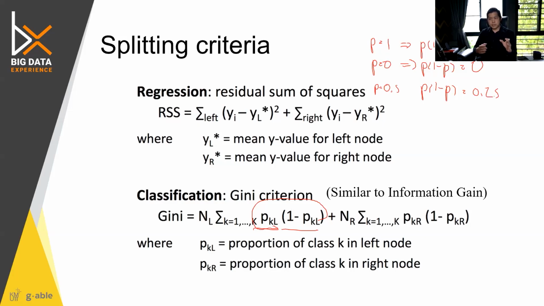Okay, so instead of using information gain that uses entropy, we can now use this multiplication and just look at the reduction in the values of the Gini criterion, right? Using the same approach, parent minus children, to select the best split.